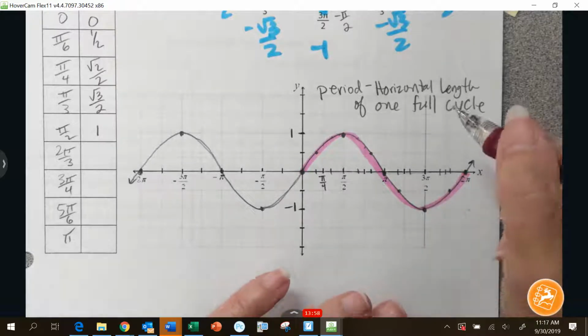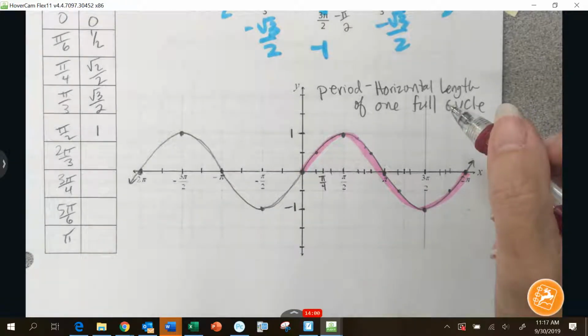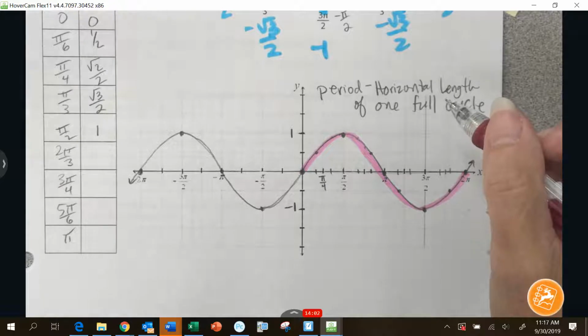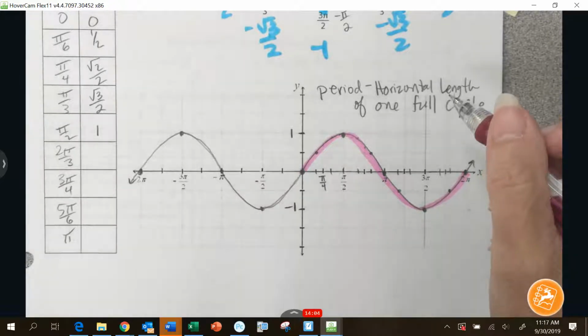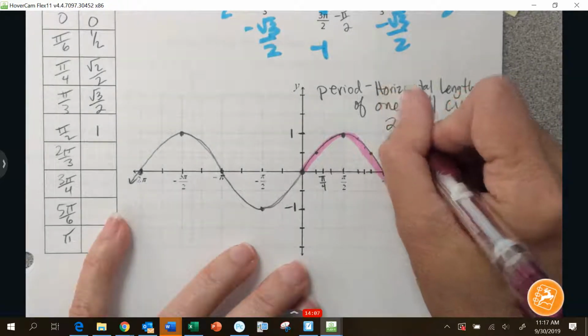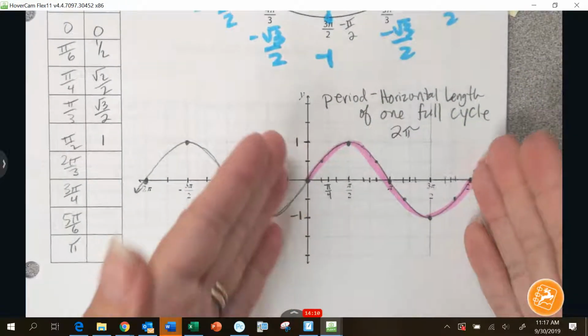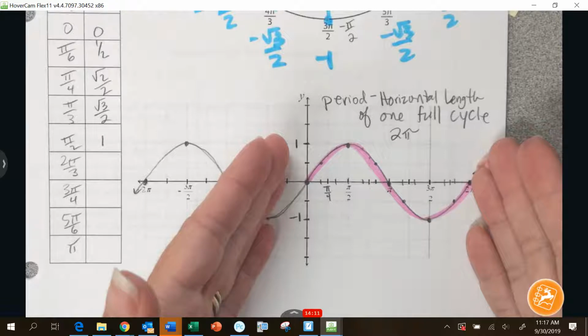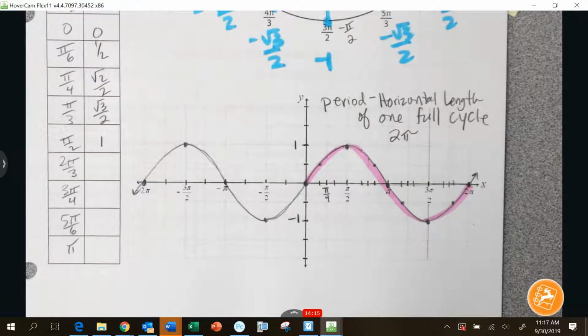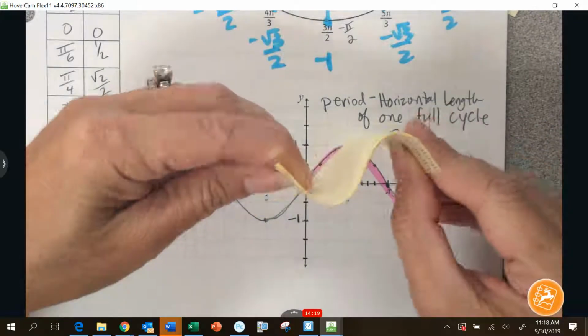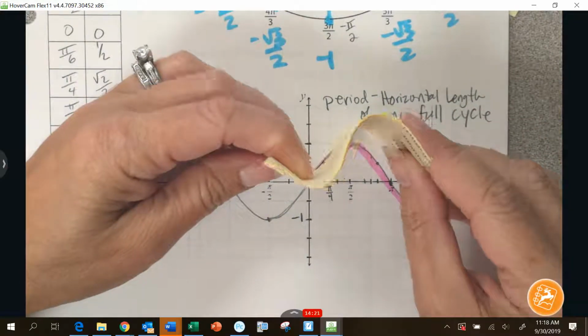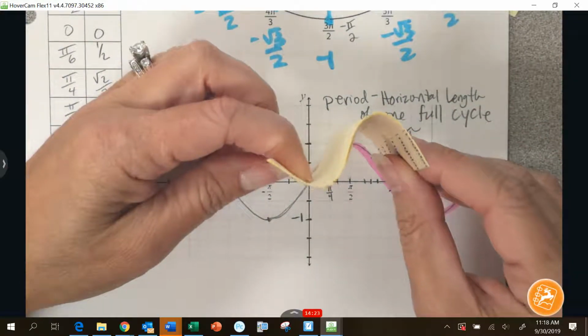So the period repeats itself every cycle, over and over again. This length is 2 pi for now. What could I possibly do to this graph to make my period not 2 pi? Now if I took this, a vertical stretch, nope, a vertical stretch will not change the period.